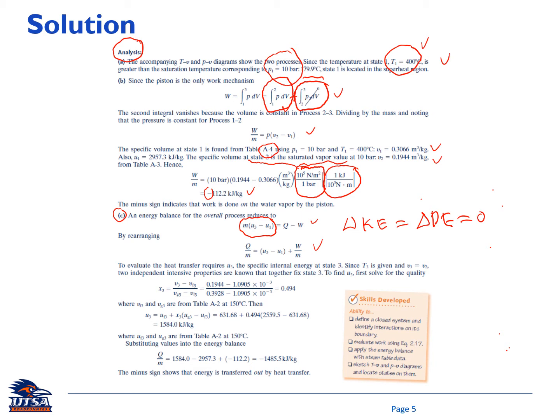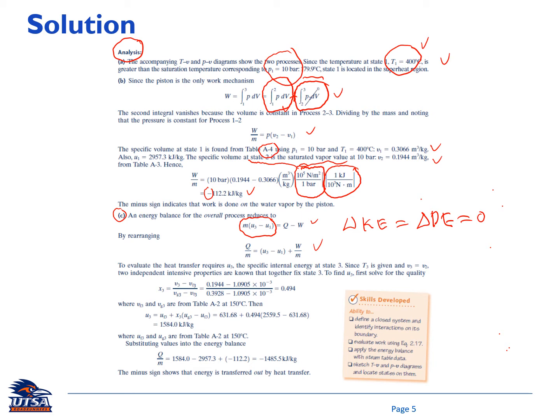For U2, you can still use table A4 to get it. And if you look at the PV or TV diagram, state number 3 is inside the dome, so it means it is under two phases there.